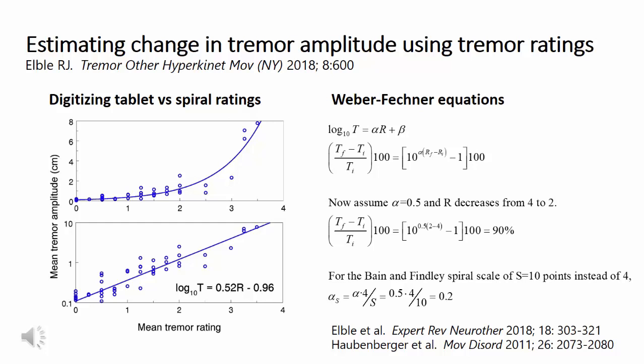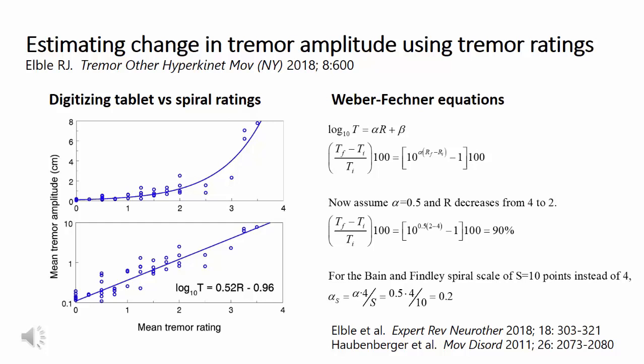So now let's assume a value of 0.5 for alpha, which is pretty typical. And let's consider a tremor rating that decreases from 4 to a rating of 2. This is a 50% reduction in tremor rating.